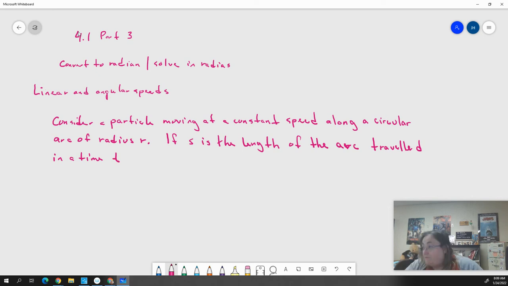Then the linear speed v. Now this isn't a word problem. This is just describing how linear speed works.